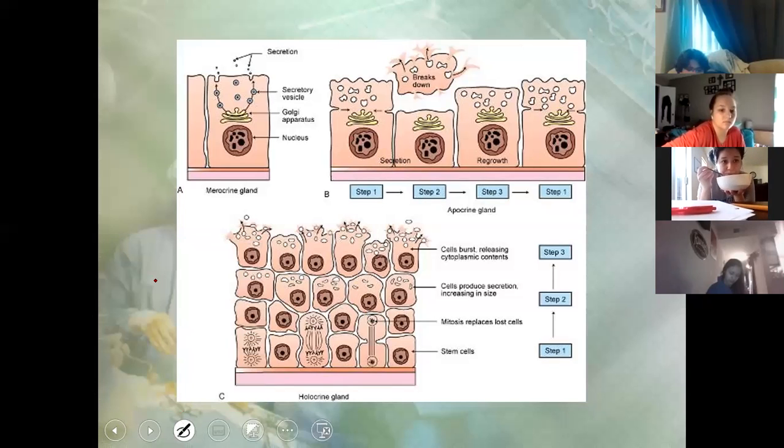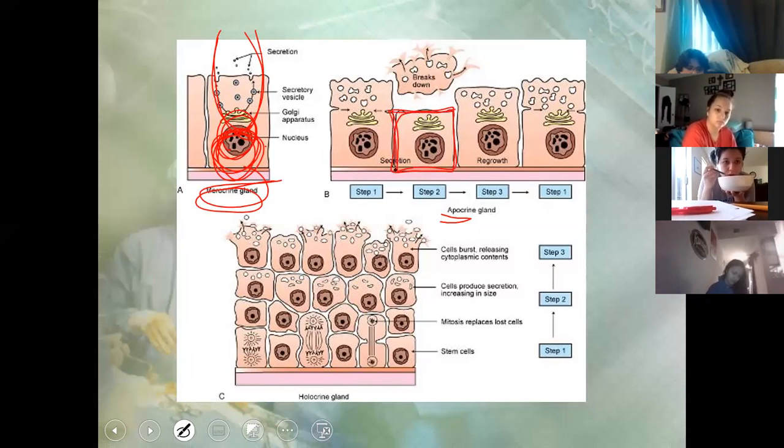Oh, there we go. All right, so merocrine, here is the gland. The cell is producing whatever it is it's producing, and that is exiting the cell with no damage done to the cell, just like our meerkat coming out of his meerkat hole. Here we have apo, meaning derived or separated from. So here is the cell part that is the manufacturing. And then the top part of the cell is released, and that's what transports the gland material.